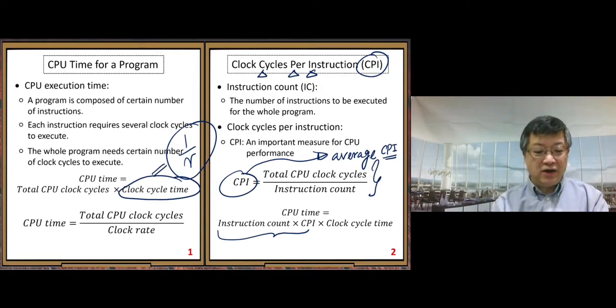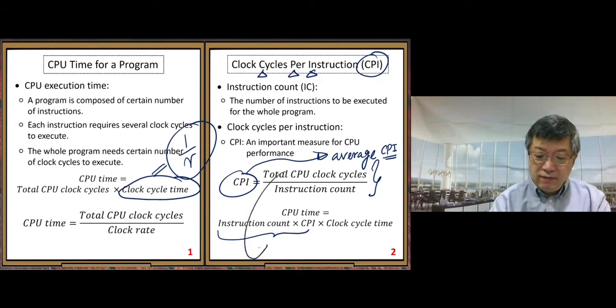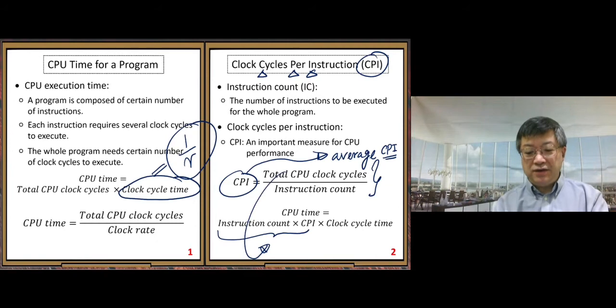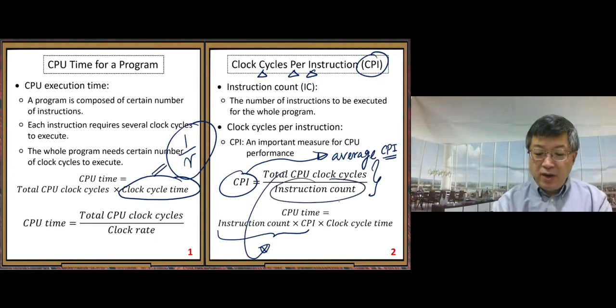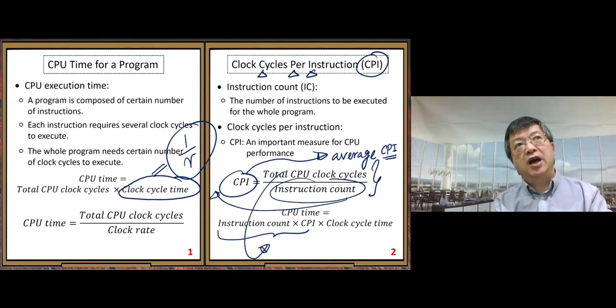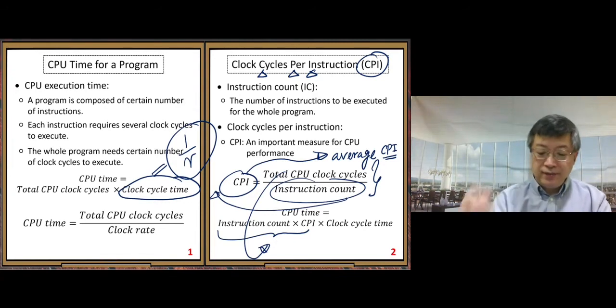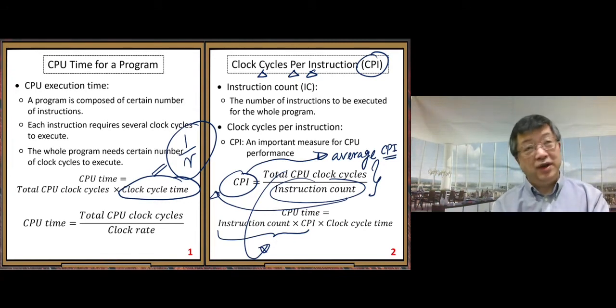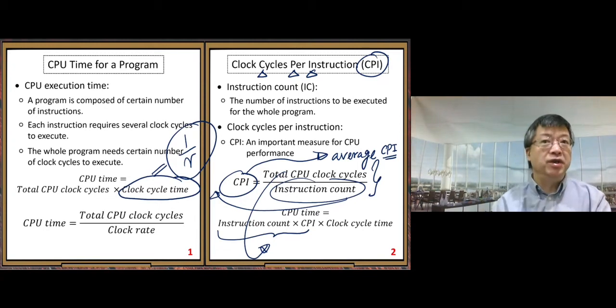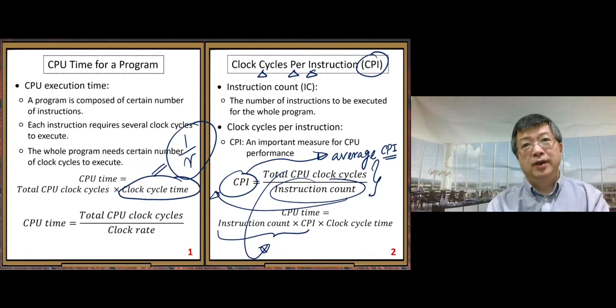Then you multiply by clock cycle time. So total number of clock cycles, because you multiply instruction count to the other side of CPI, so you can understand why we have this version of CPU time. All right.